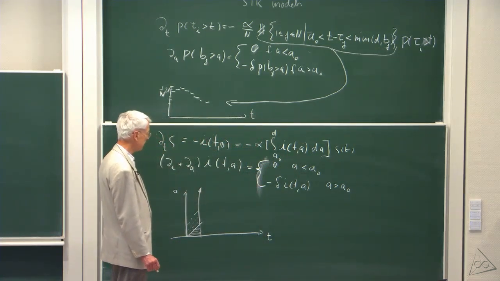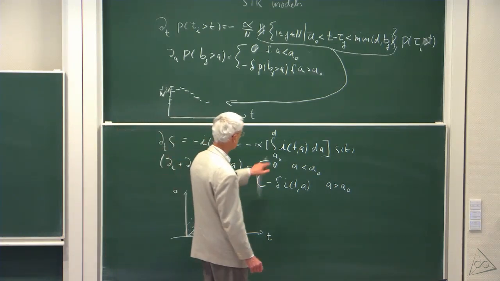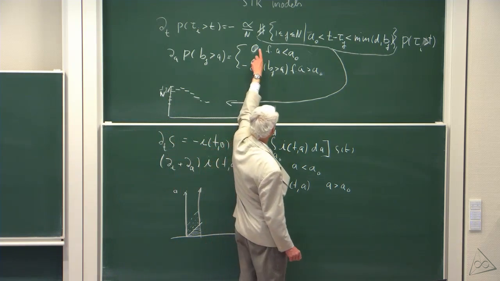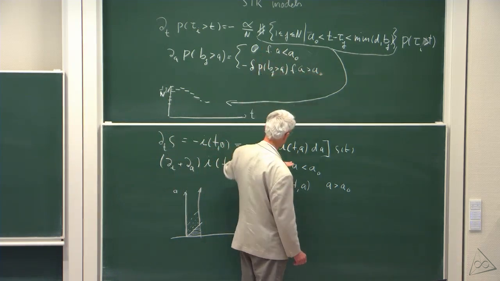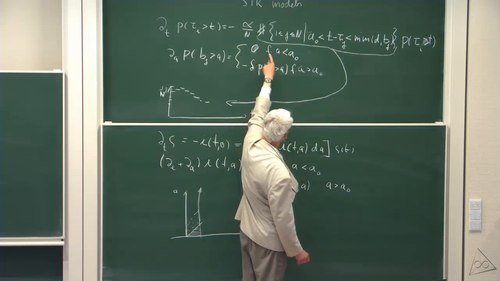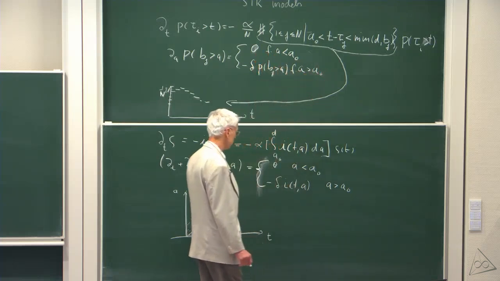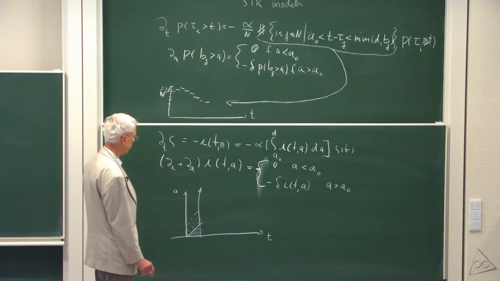what I call this integral from A0 to infinity of I(t,a). So this thing is actually the limit of this 1 over n times the number which you see there.